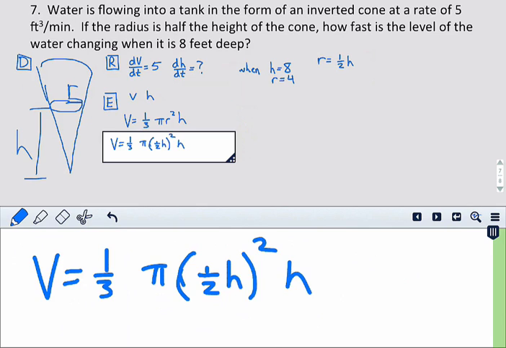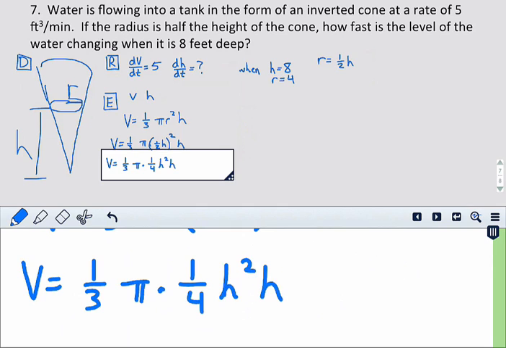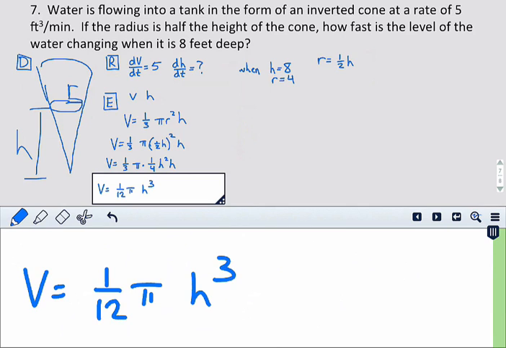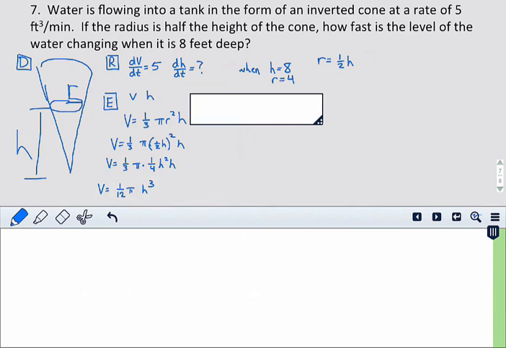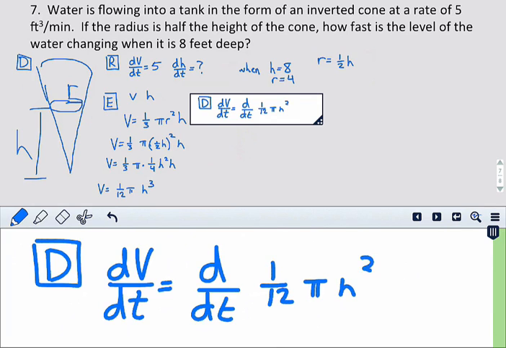Now it's best to simplify this if we can. So V equals 1/3 pi times 1/4 h squared times h. And we can simplify this one more time, and we're going to get 1/12 pi times h cubed. All right, so now we can go ahead and derive this. So we get dV over dt equals the derivative with respect to t of 1/12 pi h cubed.